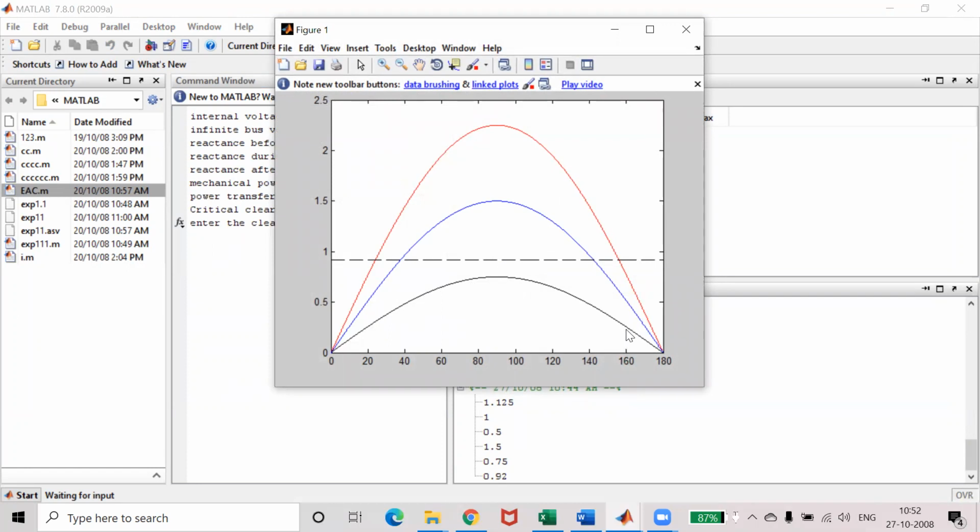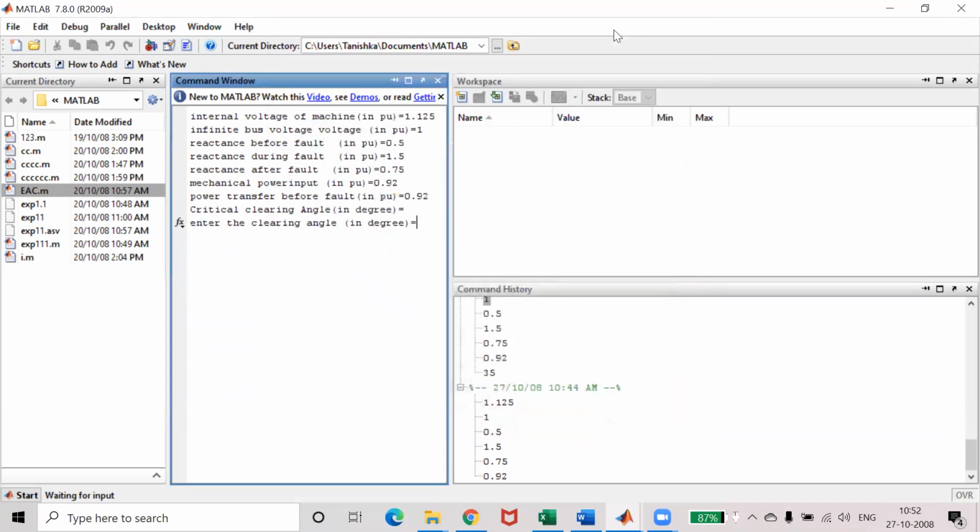After clearing the fault, after one of the parallel transmission lines is removed or the faulty line is removed, we get this blue color graph. Is it clear? Before fault, during fault, after clearing the fault. Now we are going to put the angle which we got here, 35 degree.